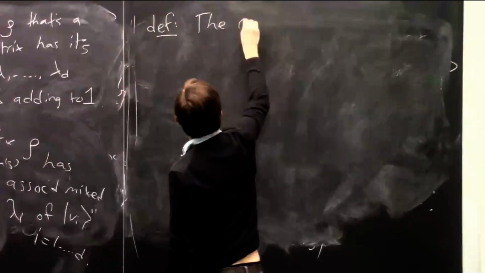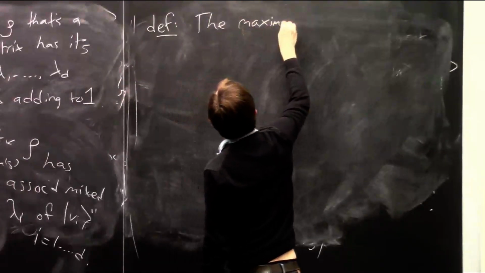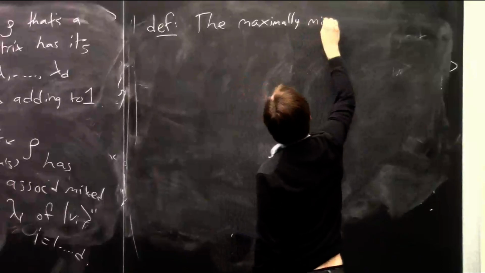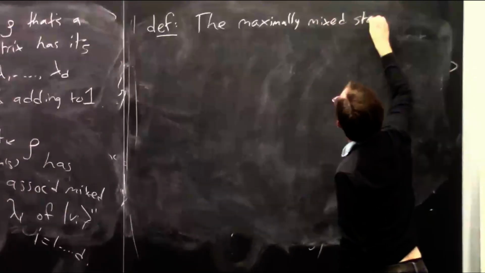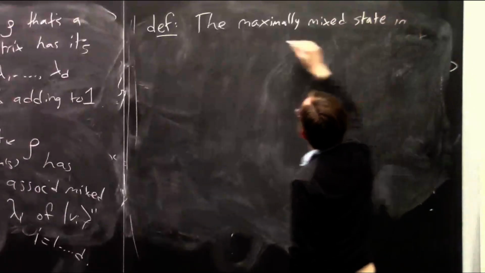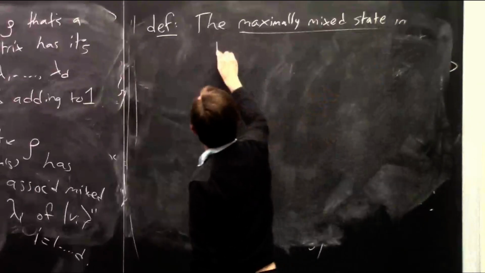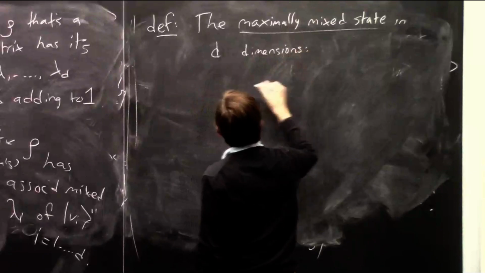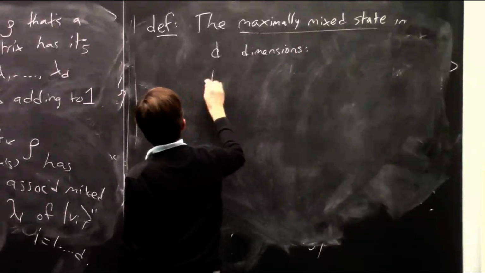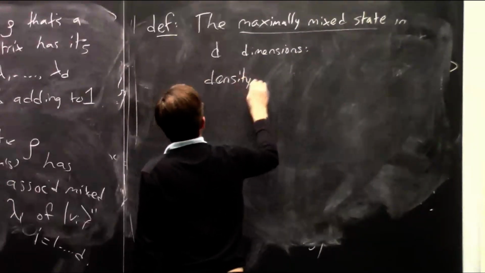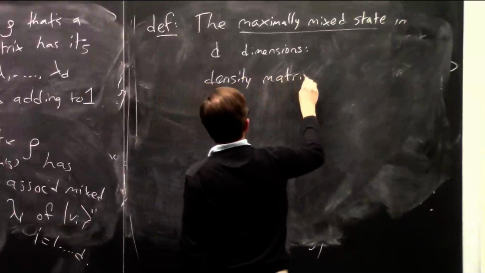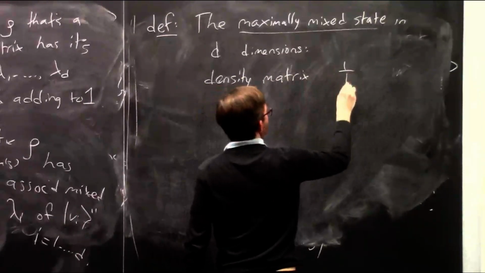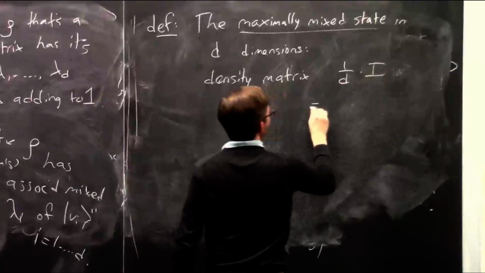There's an object called the maximally mixed state, in d dimensions, or for qubits. It's the mixed state with density matrix basically the identity matrix, but times 1 over d. 1 over d times the identity matrix, which is this matrix.